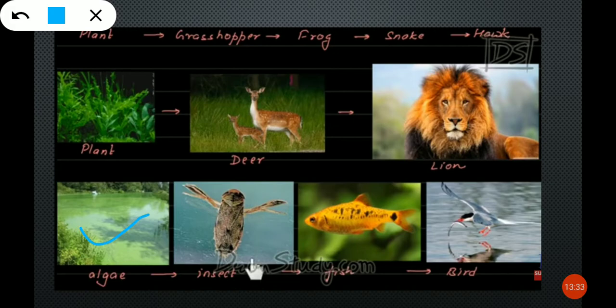We have already learned that plants and blue green algae, these two are producers. In this food chain these two are consumers, and here these three are consumers. This is primary consumer, this is secondary, and in this food chain, this is top consumer.